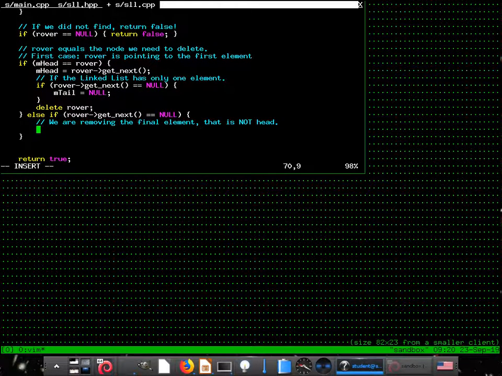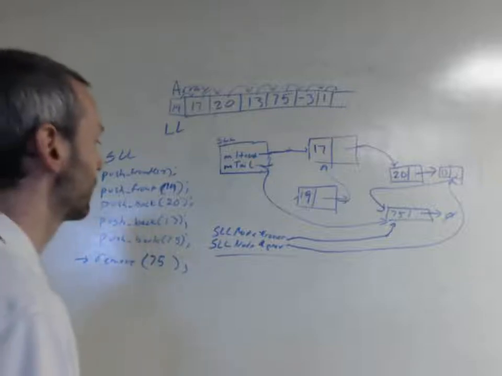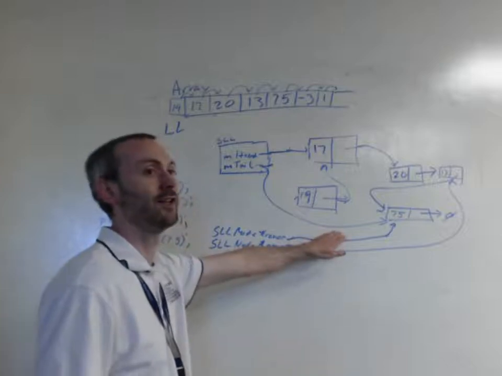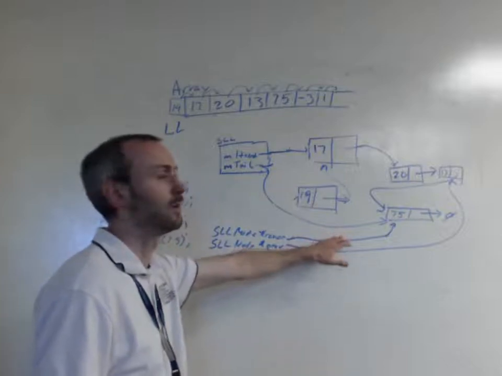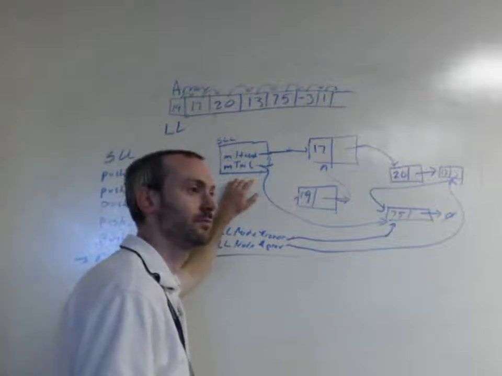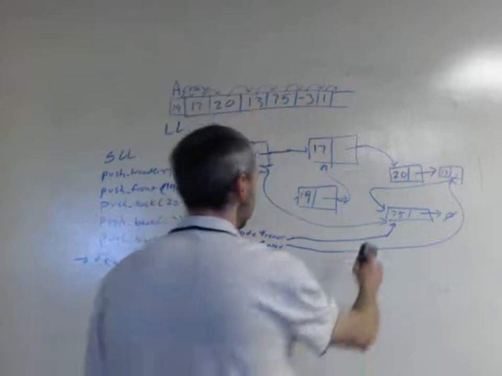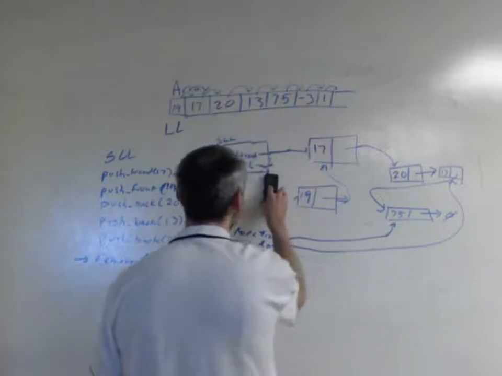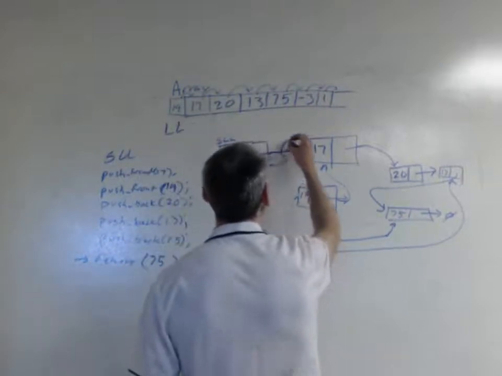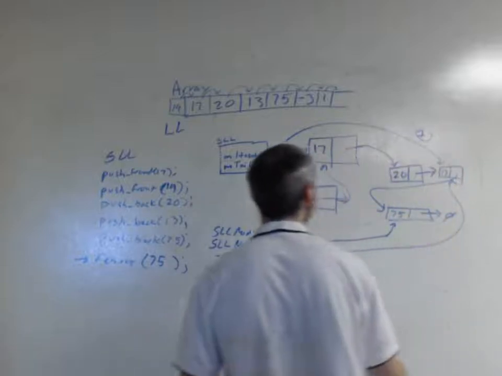What do we need to do now? I'll let y'all start typing. Well, it's the final element, right? Where should mtail point to? Right. So someone type that mtail equals prev, basically. And I'll update this on the board. I'll call that step 1.